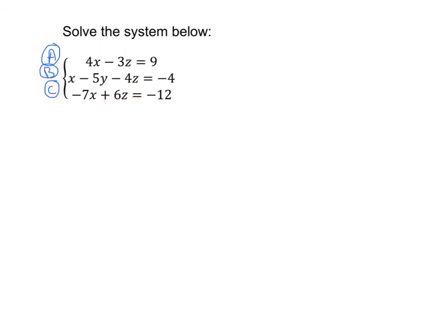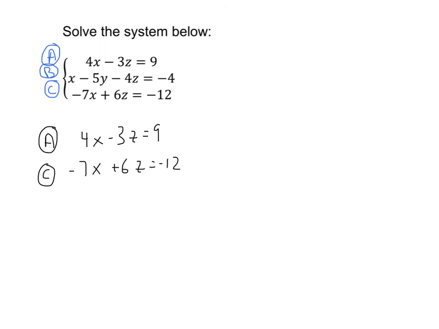Let me write those 2 equations next to each other, and hopefully you'll see what I'm getting at. Equation A was 4x minus 3z equals 9. And equation C is negative 7x plus 6z equals negative 12.